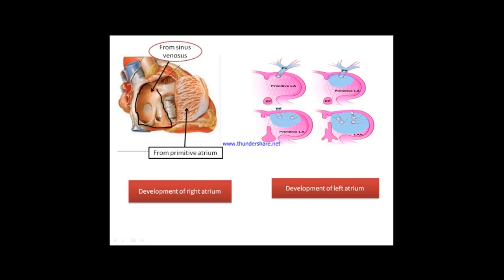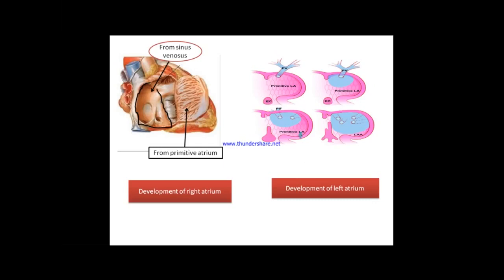Then it will go on absorbing, so that four pulmonary veins will enter into the left atrium, and the portion which has been incorporated will form the smooth part of the left atrium. So we can summarize the development of the left atrium: the rough part develops from the primitive atrium, while the smooth part develops from the incorporation of the pulmonary veins.